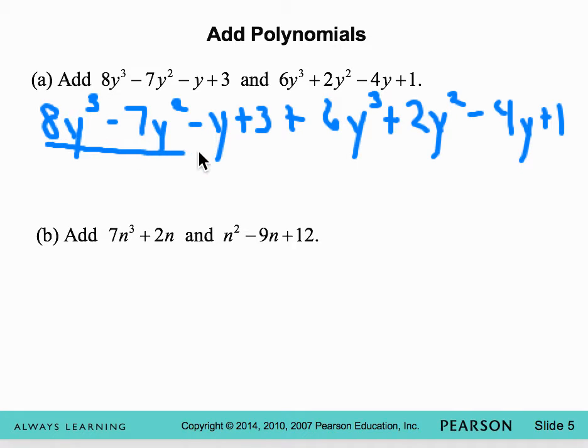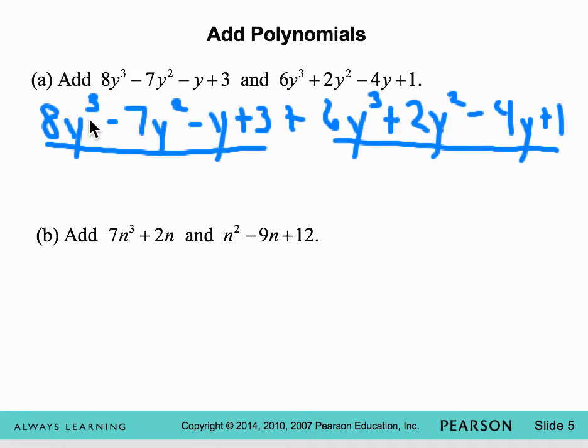So I'm adding this polynomial plus this polynomial. But notice when I put it up there, oh, it's just like those we were working. The only thing I can do when I have polynomials up there is combine like terms.